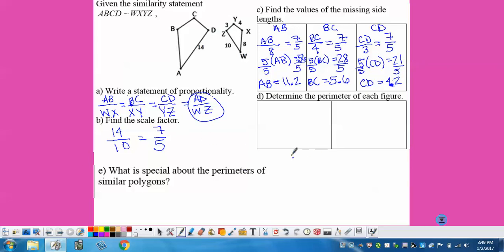So let's determine the perimeter of each figure. For ABCD, we're going to add up all the side lengths. So we have the 3 that we just calculated, plus the one we were given.